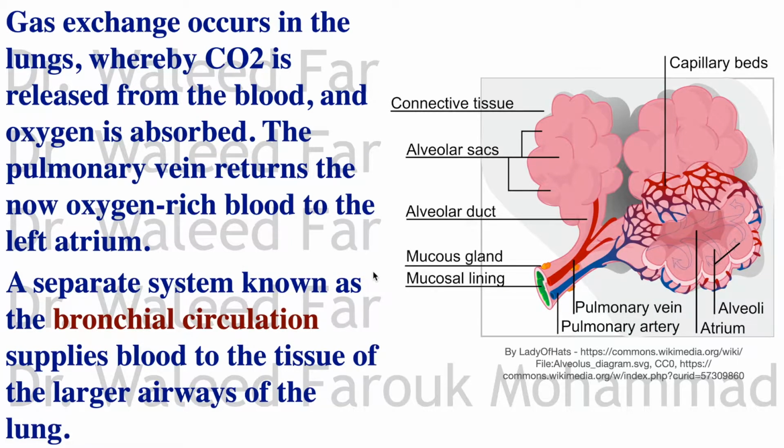Now, after arriving to the lung, gas exchange occurs. CO2 is expelled out and O2 is obtained from the air. The pulmonary vein returns the oxygenated blood now to the left atrium. The site for exchange is called the alveoli of the lung, and this is an alveolar sac with multiple alveoli in it, with capillary beds around it where the exchange occurs.